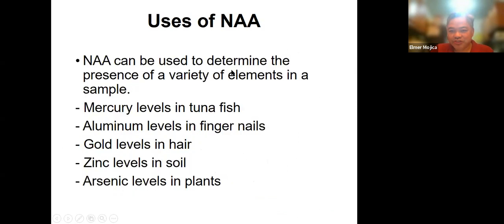And this neutron activation analysis is used to determine the presence of a variety of elements in a sample, like mercury levels in tuna fish, aluminum levels in fingernails, gold levels in hair, if you have any gold, zinc levels in soil, and arsenic levels in plants. So they have developed a radiochemical method based on this. And in fact, EPA has some standard methods to analyze, let's say, environmental samples containing some elements.